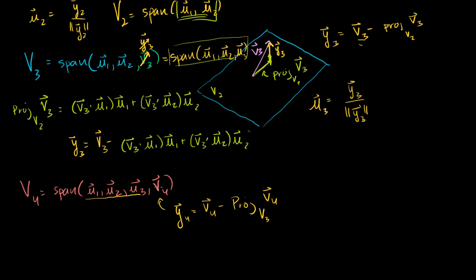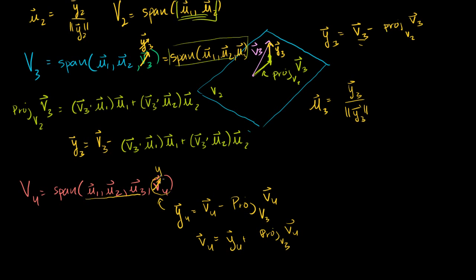And you can construct v4 with y4 because v4, by definition, we can just rearrange this, is y4 plus the projection of v4 onto V3. So you can construct v4 with y4 and some linear combination of these guys.